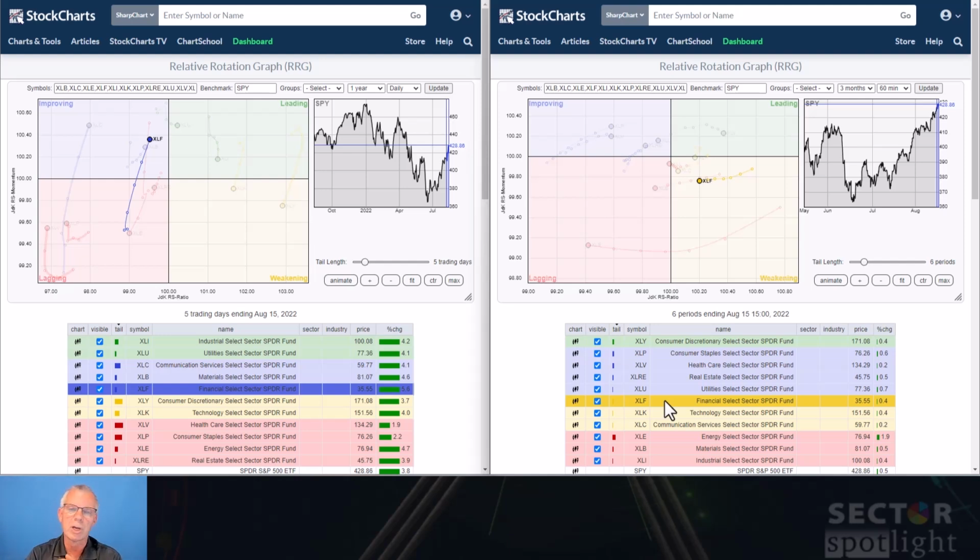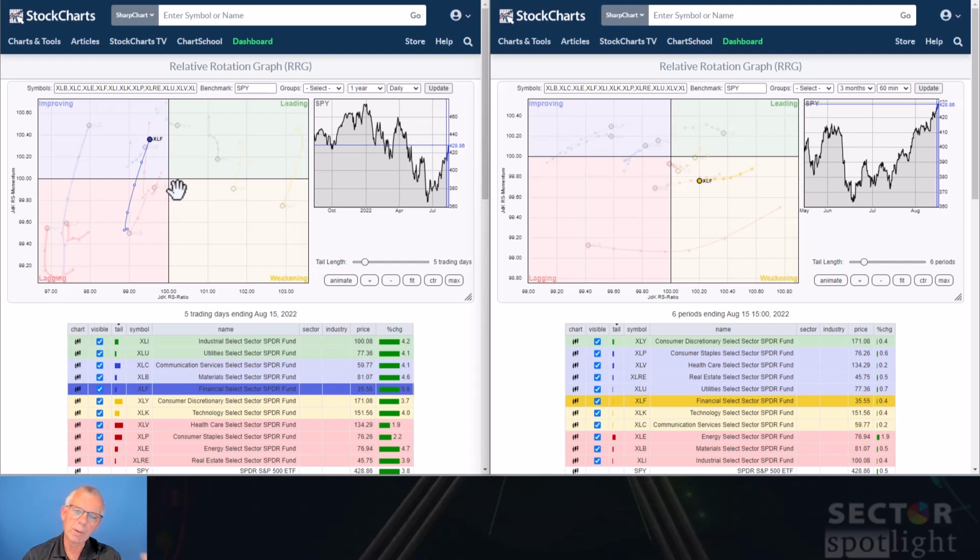That shows a strong trend. So XLF still has the possibility to curl back up inside that weakening quadrant, back up to leading, and then get back in sync with the daily tail for XLF on the daily RRG. So seeing this has alerted me that I need to continue watching the financial sector on the hourly RRG to see whether it starts to curl back up and move towards the leading quadrant.